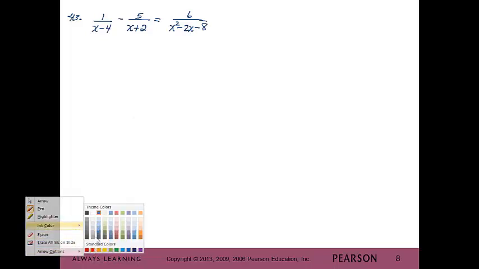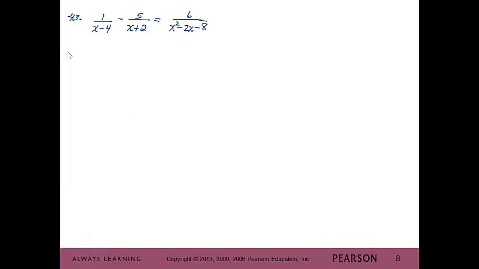Now we have 1 over x minus 4 minus 5 over x plus 2 equals 6 over x squared minus 2x minus 8. Let's start by finding the restrictions on the x.